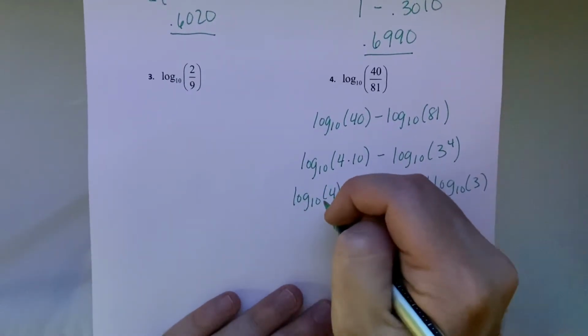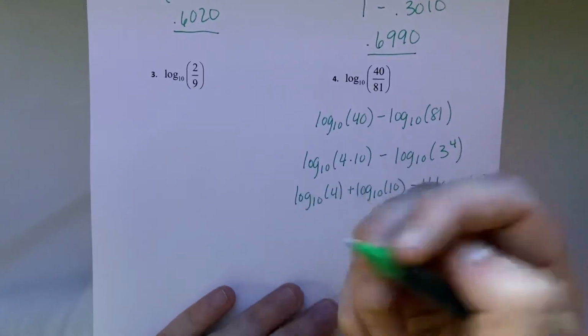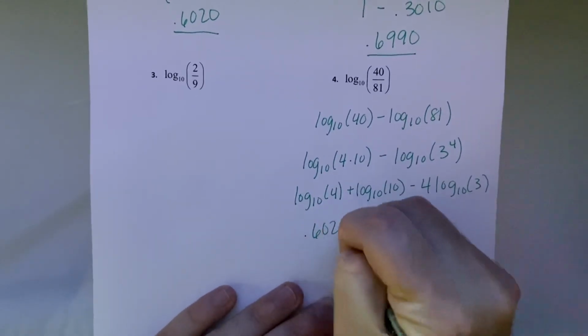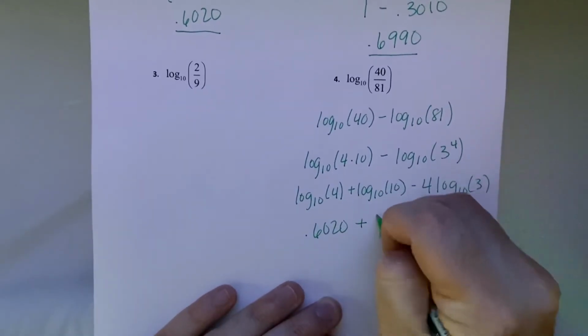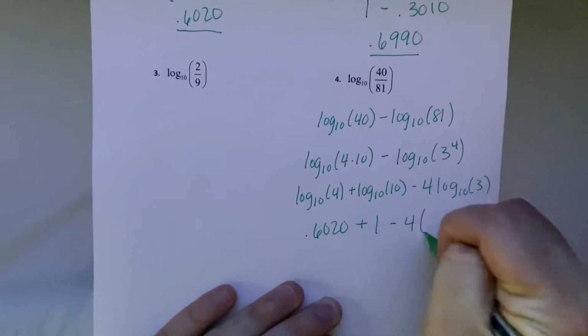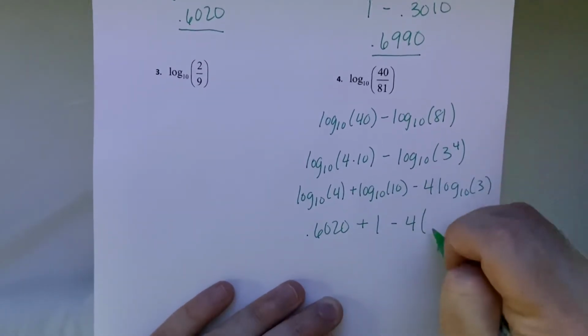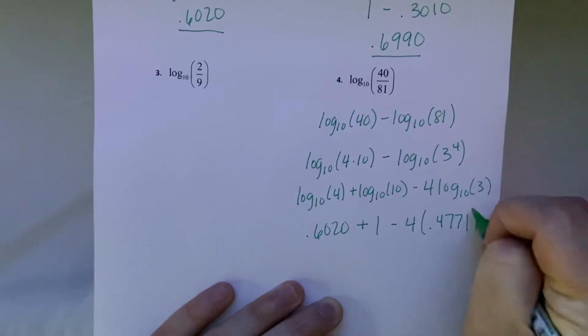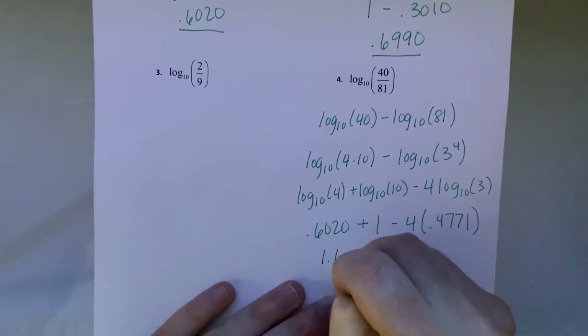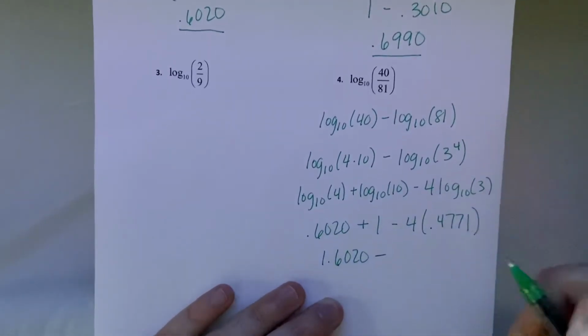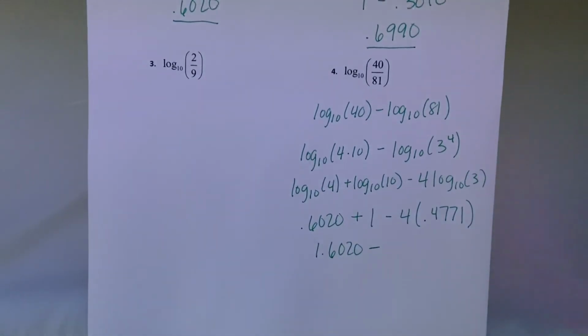Log base 10 of 4, we know from part 1, we could convert it again, but it's 0.6020. Log base 10 of 10 is 1 minus 4 times log base 10 of 3, which says it's 0.4771. So this is 1.6020 minus 4 times 0.4771. 0.4771 times 4 is 1.9084.